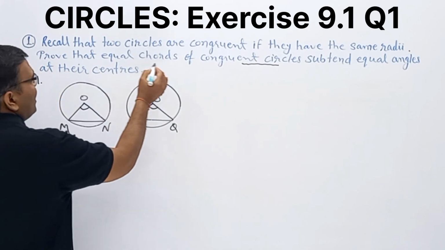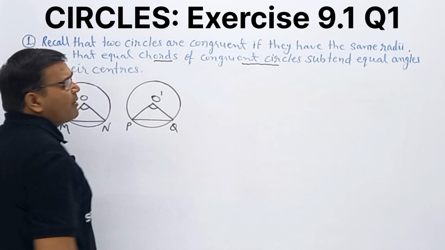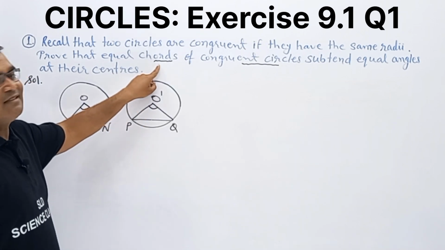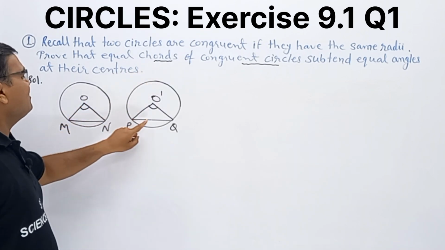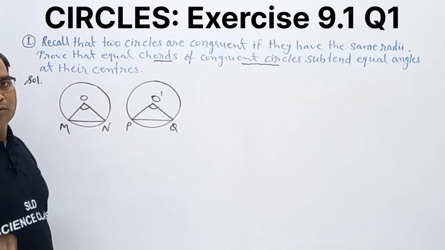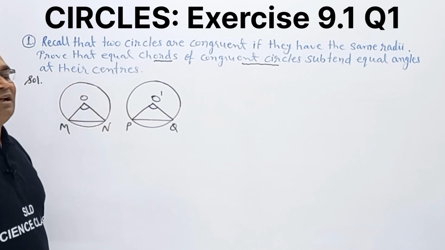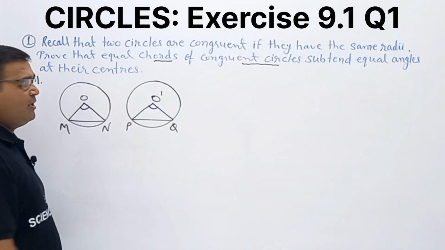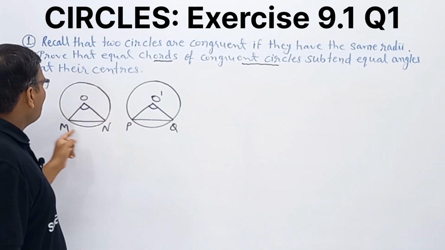Another thing is the chord. What about the chord? Chord is a line segment joining two points of the circumference of a circle.